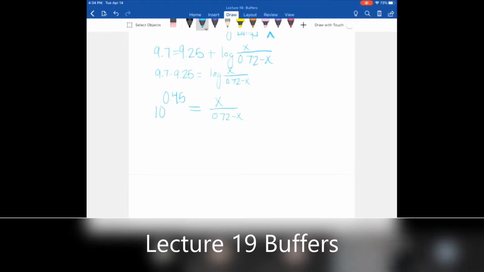So 10 to the 0.45 is going to be 2.82, equals x over 0.72 minus x. You're going to multiply the denominator on both sides to get it to cancel.